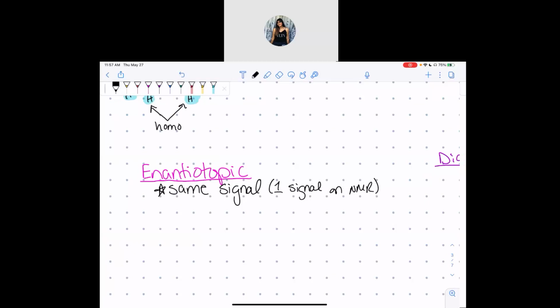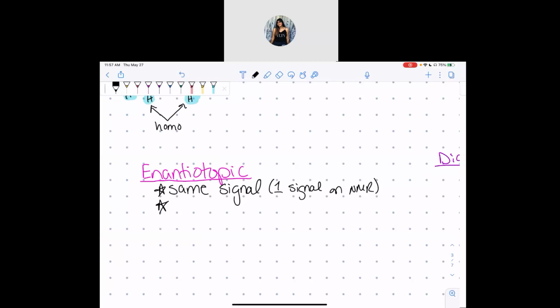But can you tell me, when we think enantiotopic, what are we looking out for? Mirror images, prochiral, awesome. Someone said chiral center, and this is where a lot of people tend to get tripped up.